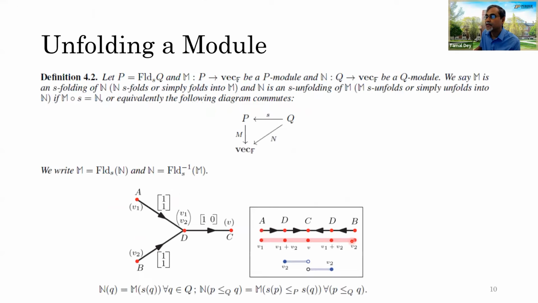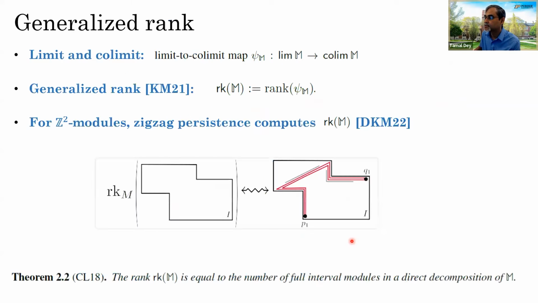Okay. So in 2D, let me just show you this one here. In 2D, we showed with Facundo and Kim that suppose this is the support of the module, like the interval here I. Then if you consider a path on the boundary of the poset, okay, so this needs to be defined, but there is a well-defined notion of a path on the boundary, and if you now restrict your module only on that boundary.